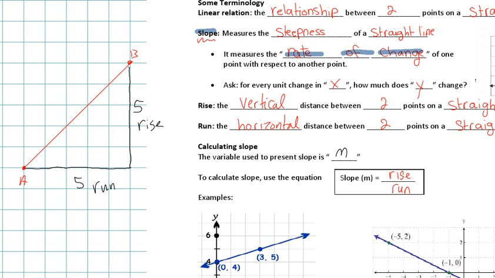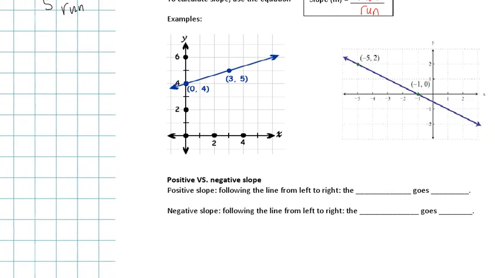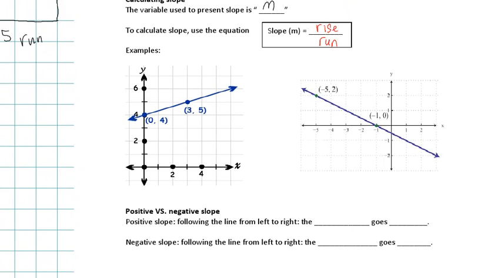Okay? So let's look at the next question. They've already located 2 points for you. Remember what you have to do? How many points over? 1, 2, 3. And how much are you going up? 1.